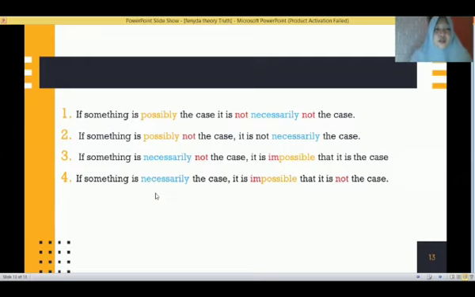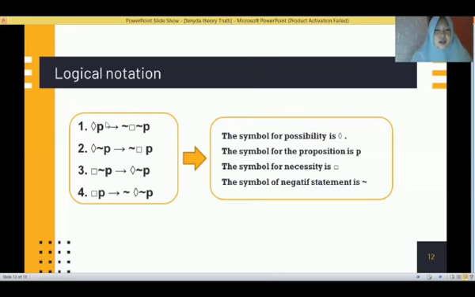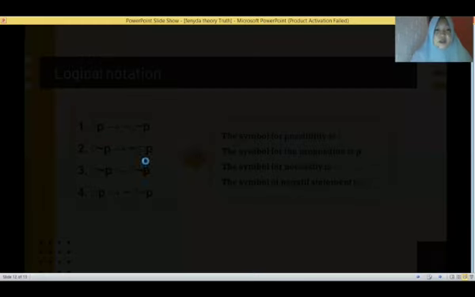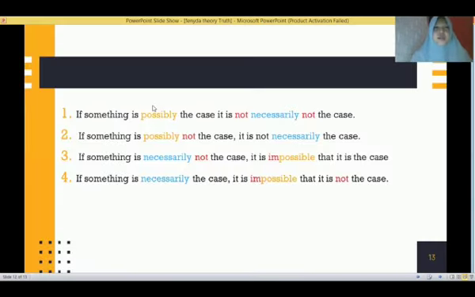If something is possibly the case, it is not necessarily not the case. We can look here. The first one is possibility, proposition. If something is possibly the case, it is P, the proposition.